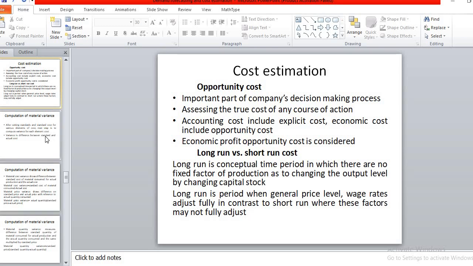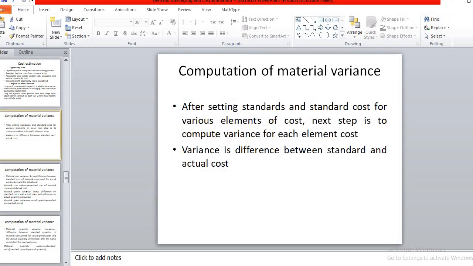After defining these costs and materials, we now compute the variance of each element of cost. Variance is nothing but the difference between the standard and the actual cost.